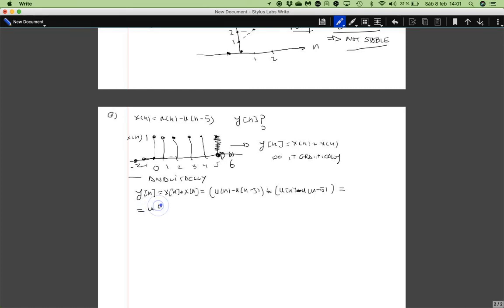u of n convolved with u of n. Then we will have u of n convolved with u of n minus 5.